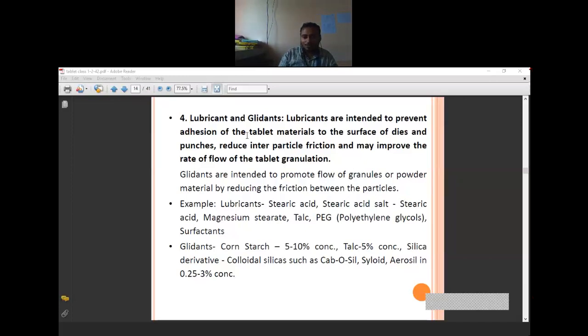So what is the use of glidants? They are used to reduce the friction between the particles. Examples of lubricants are stearic acid, magnesium stearate, talc, PEG, that means polyethylene glycols, and surfactants. These are mainly lubricants.